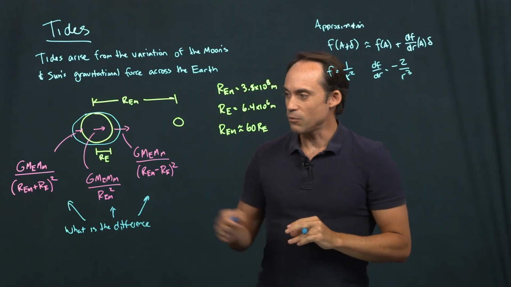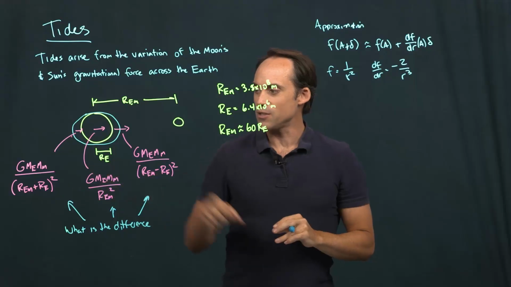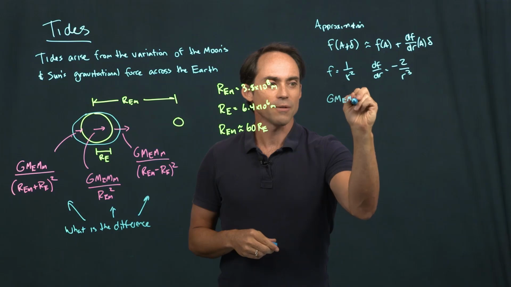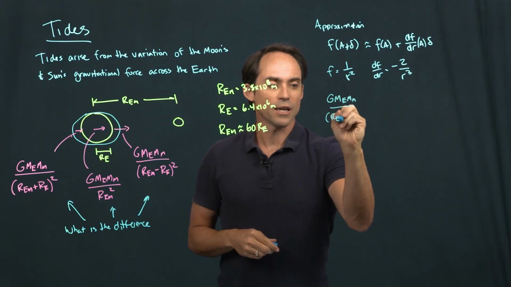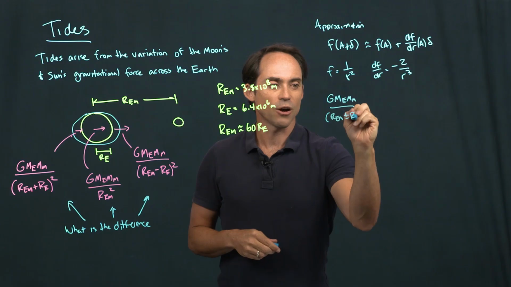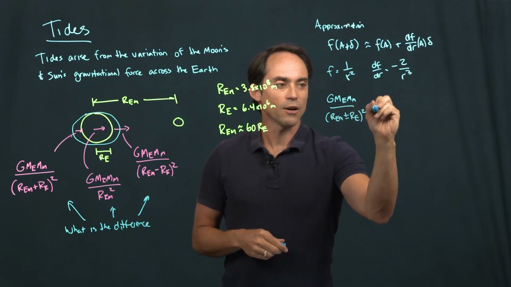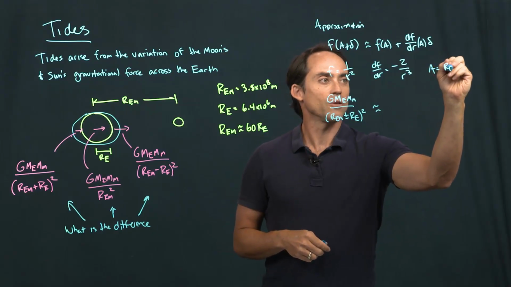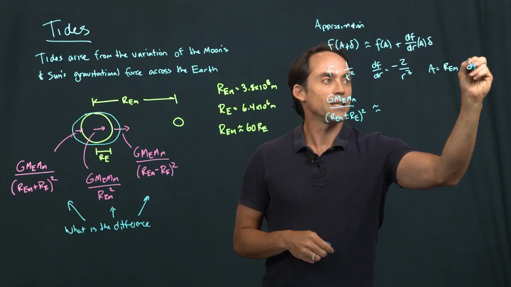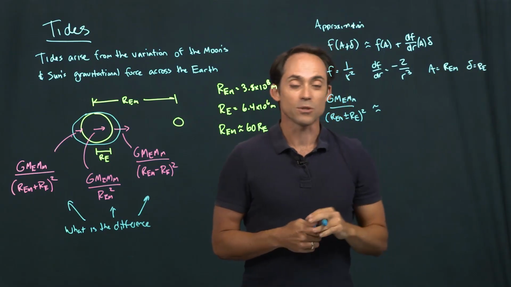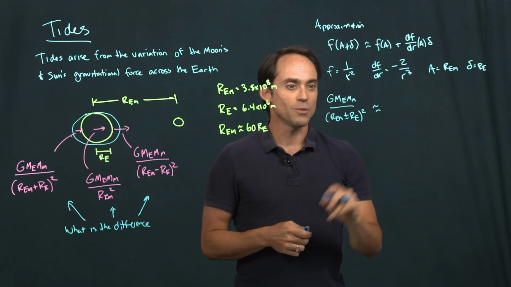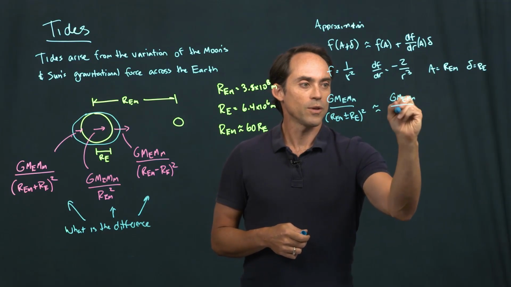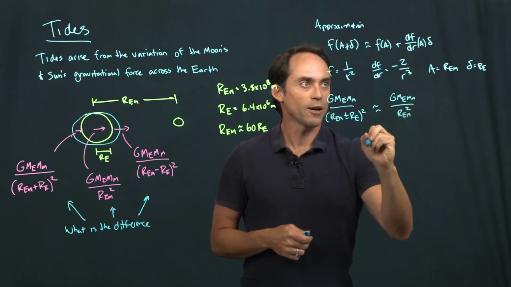So let's write down both of these expressions combined, because we can do that with a plus or minus sign: (r_Earth-Moon plus or minus r_Earth) squared. If we let a equal the Earth-Moon distance, which is the larger number, and delta equal the Earth radius, which is the smaller number, then this is just equal to evaluating this expression at the middle, so at Earth-Moon distance squared.